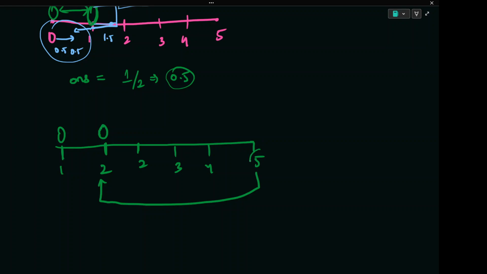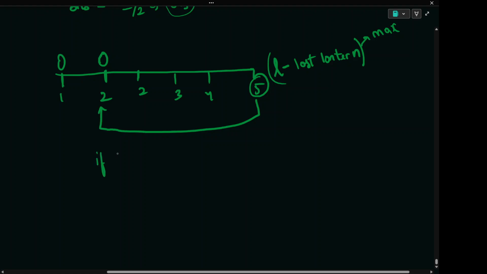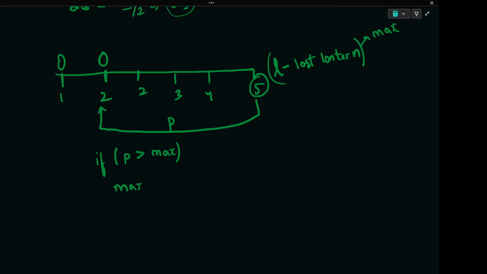So from the last part, which is L minus the last lantern, this can also come in the max. So what I am saying is, if this distance, let's say this is P, is greater than max, then max will become P. Do you get this? The max will become P.